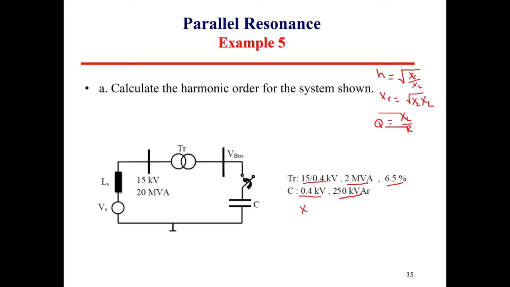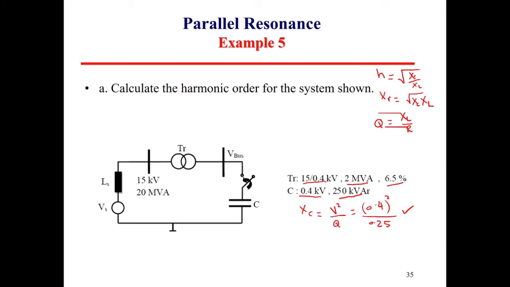So XC will be equal to the line voltage V squared over Q, so V squared is 0.4 squared, 0.4 kilovolt squared, over Q. Q is in kilovolt ampere, we need to convert it to mega, so it will be 0.25, divided by 0.25, so that will give us the value of XC.